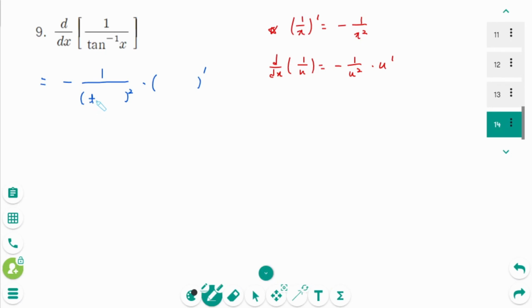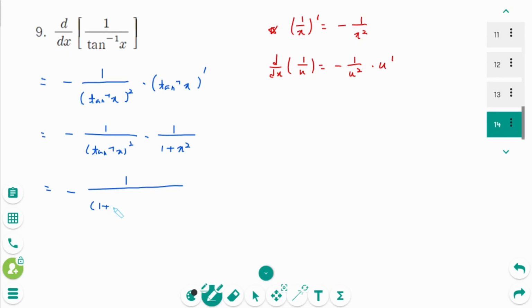The inner function is arctangent of x, equals minus 1 over arctangent of x squared times 1 over 1 plus x squared. The final answer is minus 1 over 1 plus x squared times arctangent of x squared.